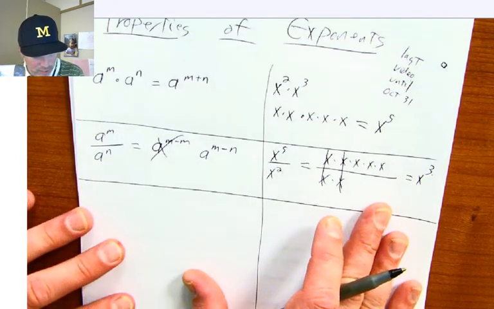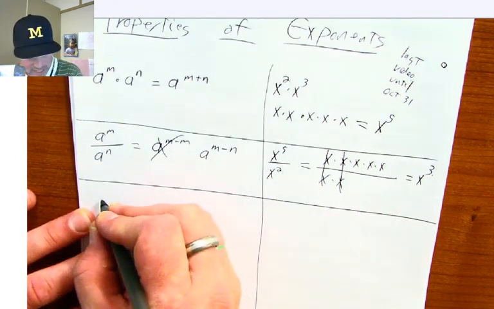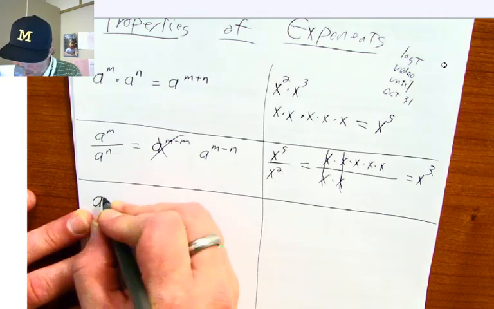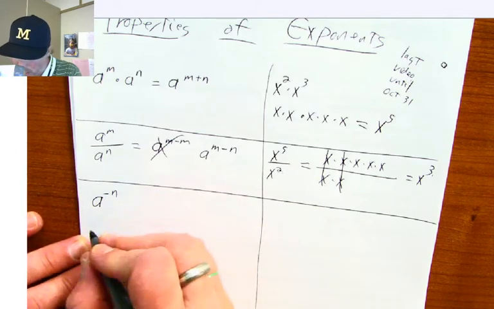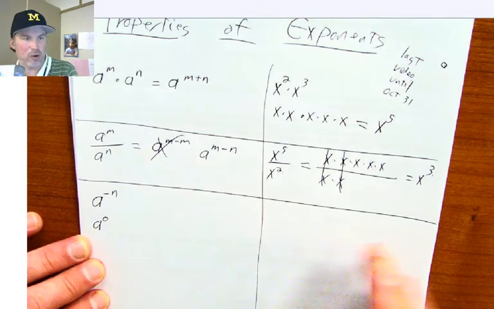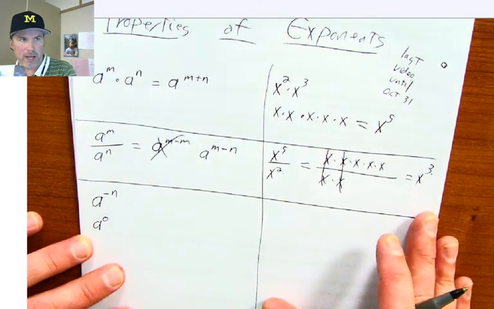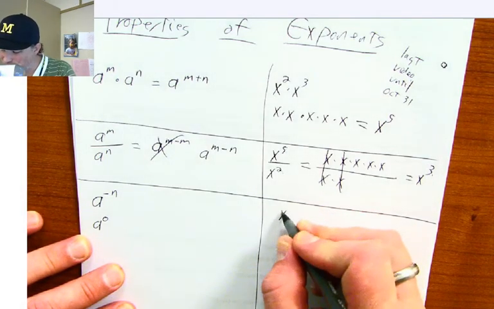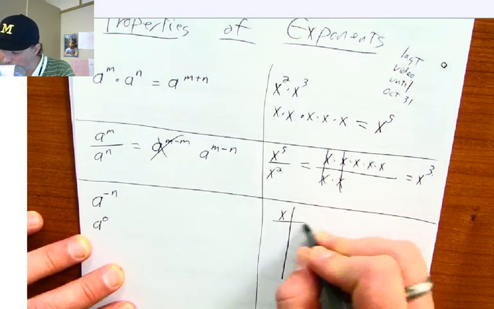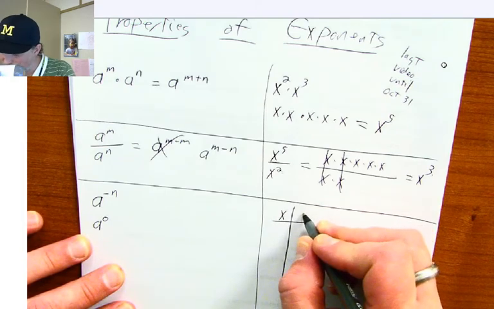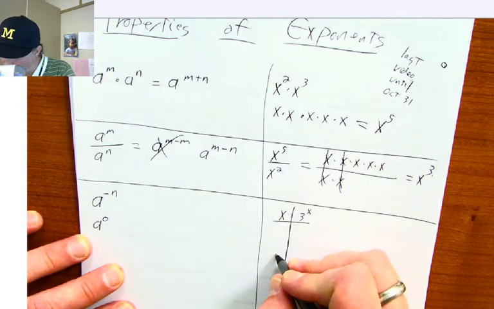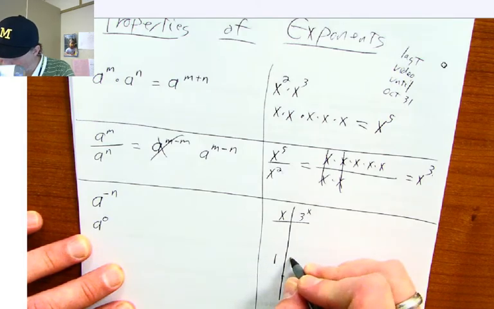Next is negative exponents and 0 exponents. So what happens with a to the negative n, and what happens with a to the 0? The best way to explain this, in my opinion, is to make a table of values for x and 3 to the x. If I do 1, 3 to the 1 is 3.